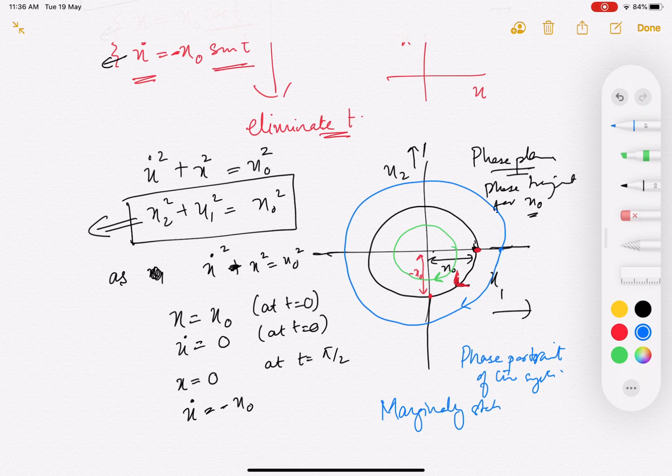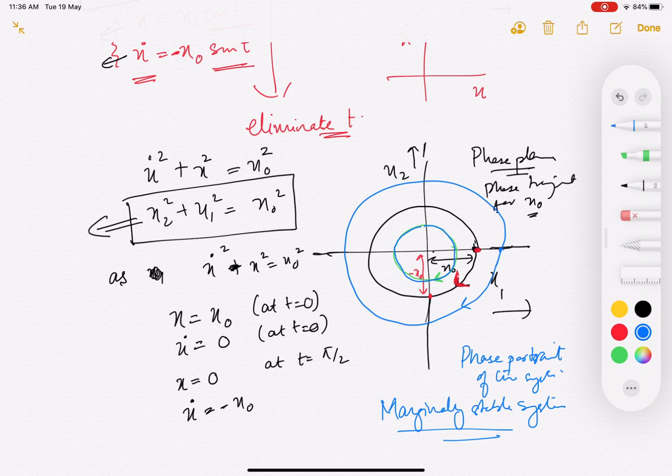And why is that? Because you can see that the displacement x1 and the velocity x2 are continuously oscillating, right?